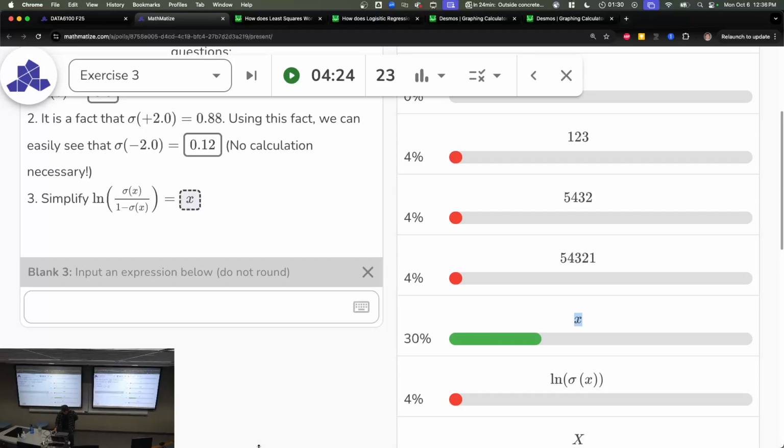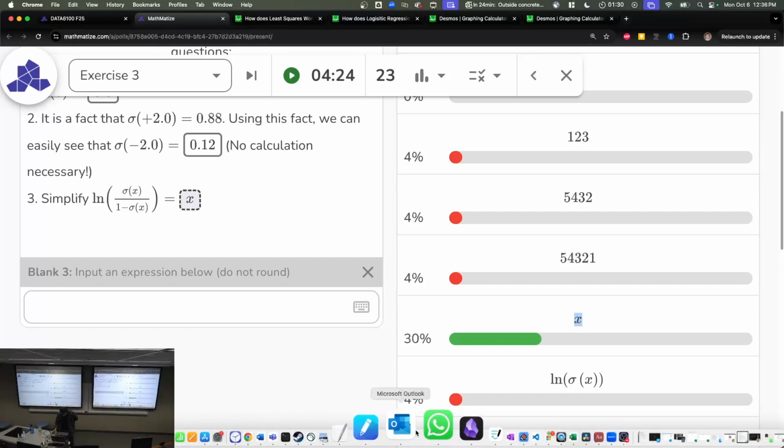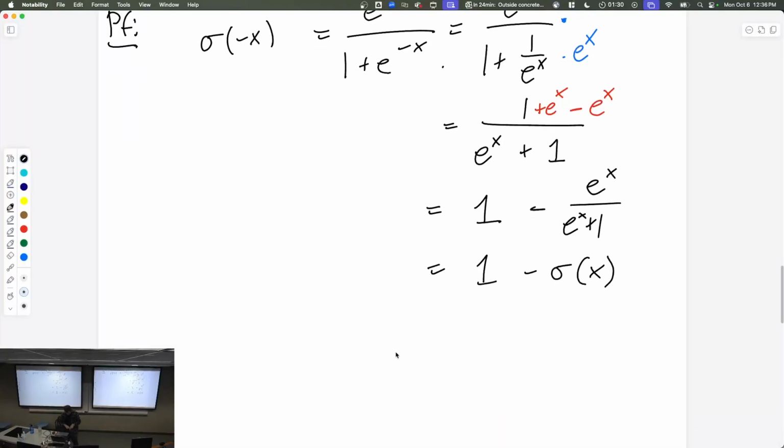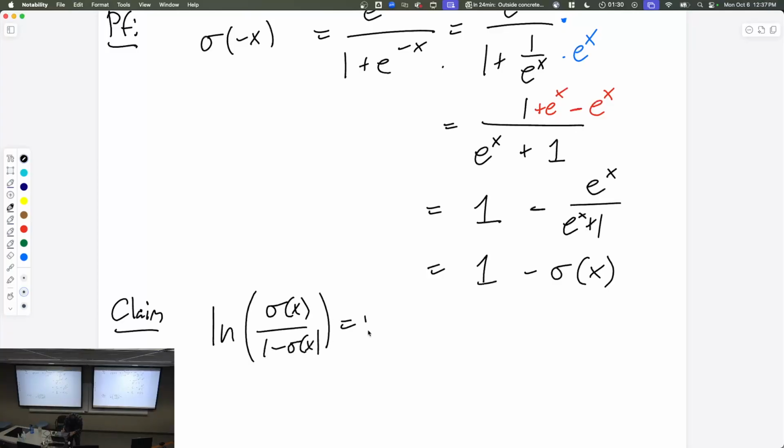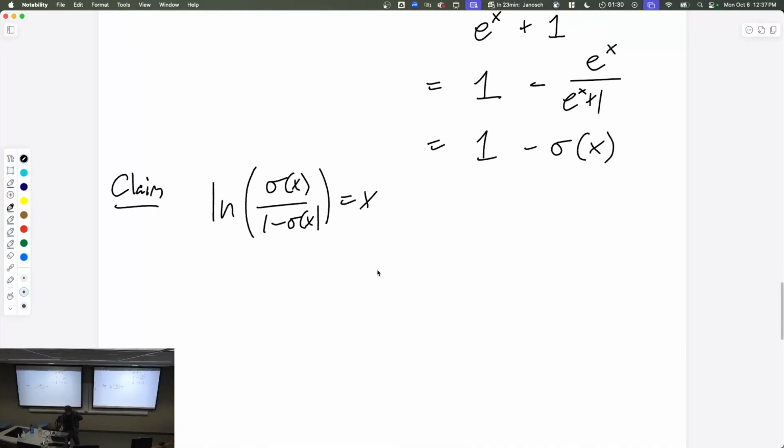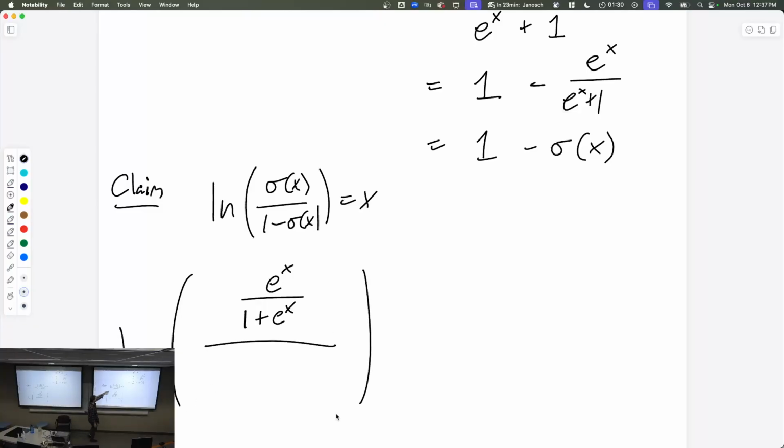Let's do it quickly. So this is another claim. This is how you invert it. The ln of sigma of x over 1 minus sigma of x equals x. And once again, this is just manipulating fractions. So the top is e to the x over 1 plus e to the x. The bottom, what is the bottom of the fraction? It's 1 minus sigma of x.